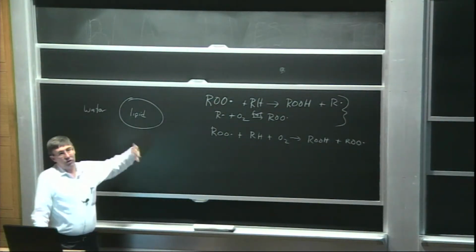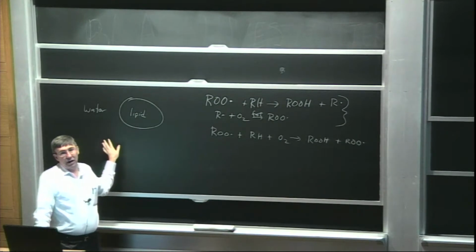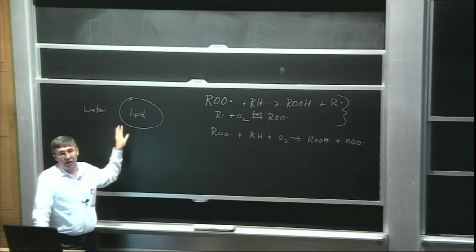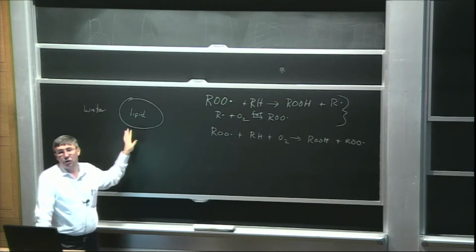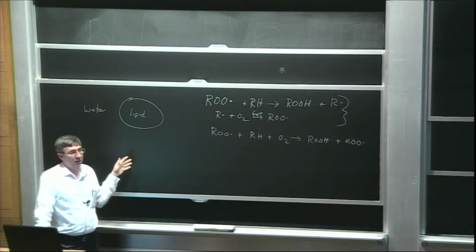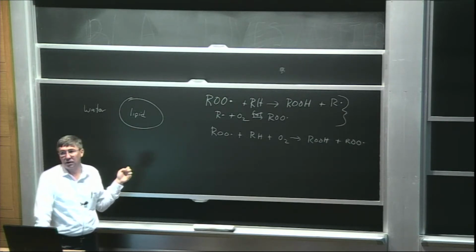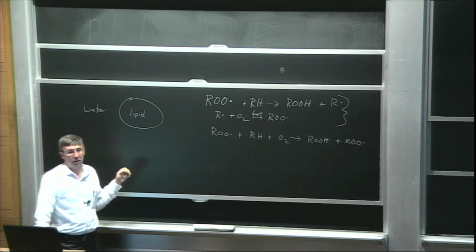So the background concentration of radicals you'd expect is very tiny, and the concentration times the volume might also be tiny. So the total number of radicals might be very small. And therefore you might need to worry about the stochastic kinetics being different than the continuum kinetics. Okay, so that's the idea.